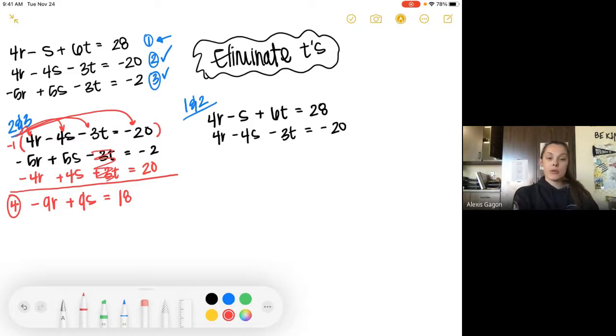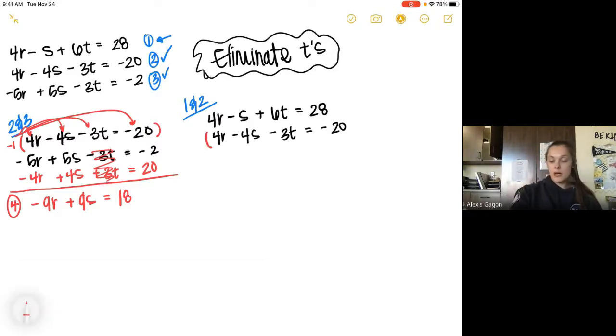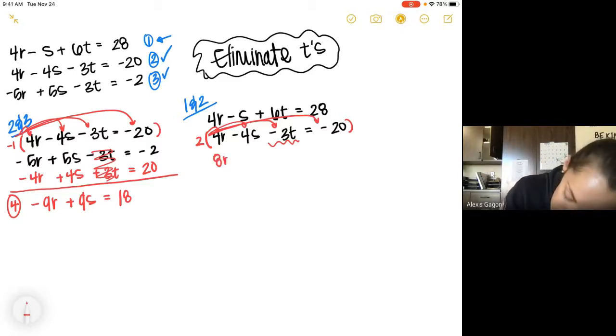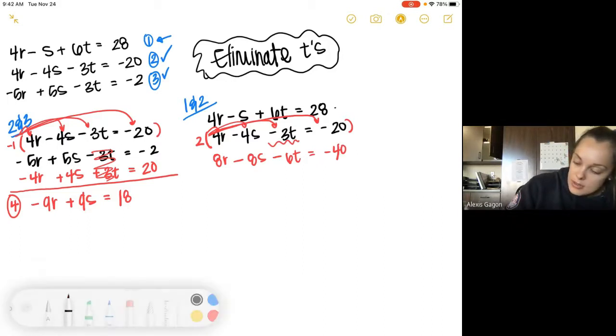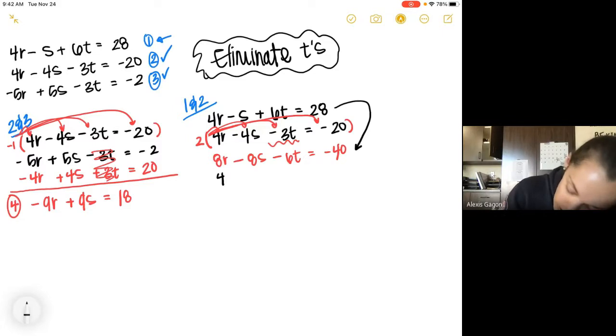Now I need to get rid of the t's, so I'm going to multiply this bottom equation by 2, because that's going to give me a -6t right here. So that's going to be 8r minus 8s minus 6t equals -40. And I'm just going to rewrite this equation down here: 4r minus s plus 6t equals 28.